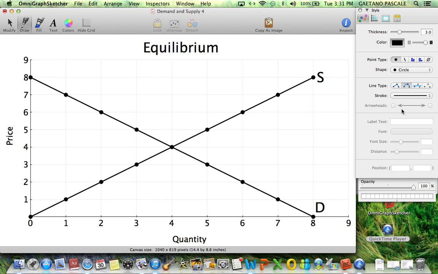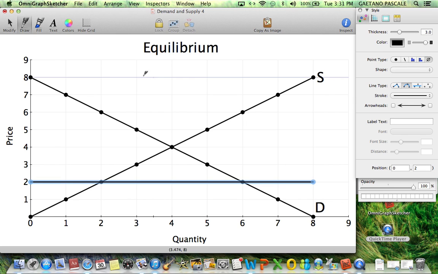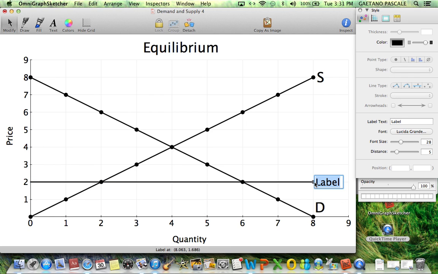That's a better way to state that. So let's say that a price of $2 exists in this marketplace. What is going to occur in this market? A price of $2 exists.